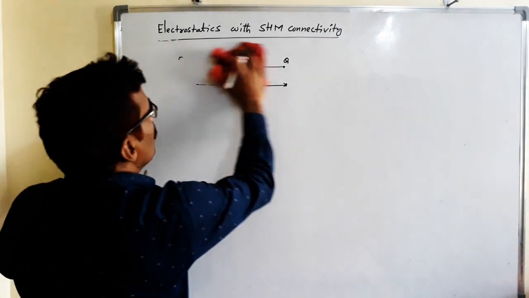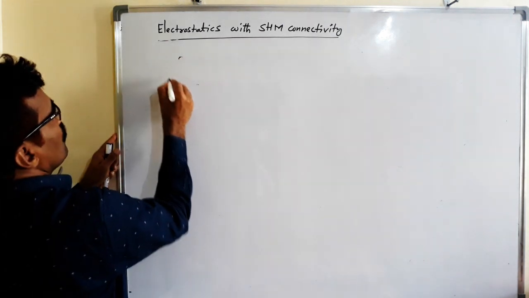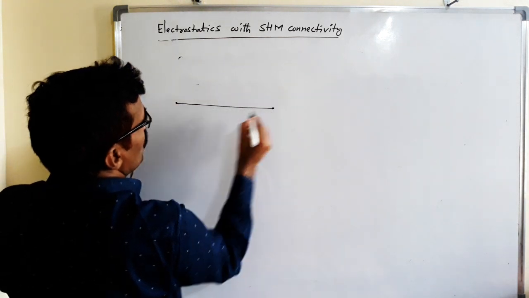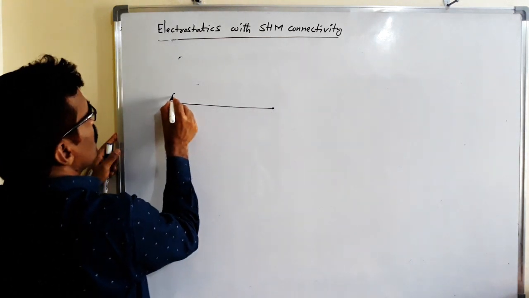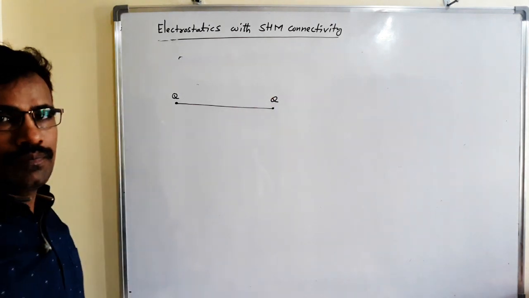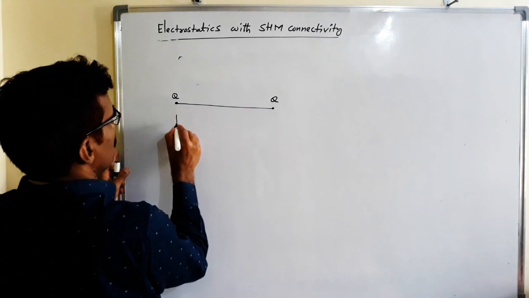Now, two positive charges, each capital Q, are fixed, and the distance between them is 2L.